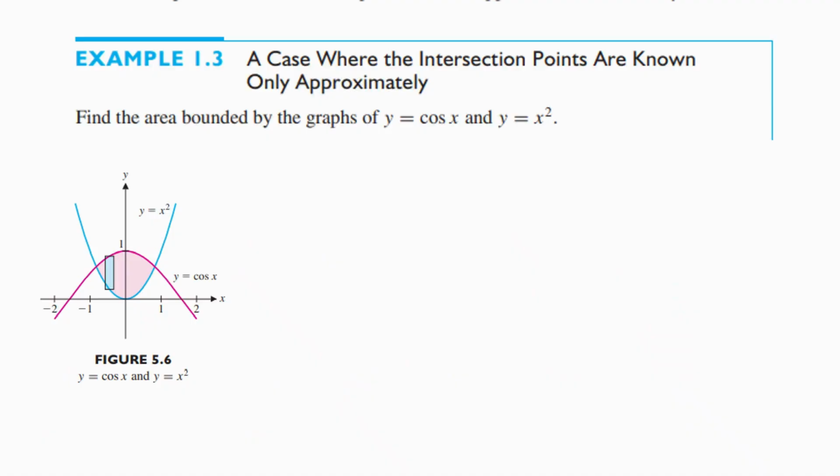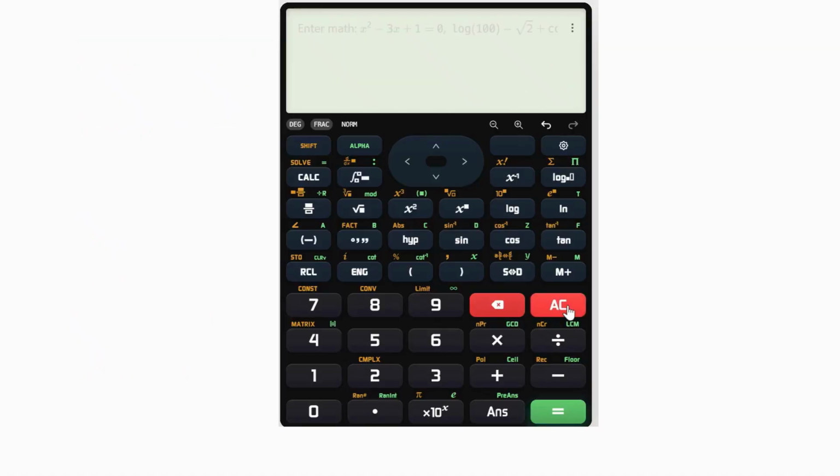Now let's try this question. To get the intersecting point, first let us equate cos x with x square. Let's equate cos x and x square.